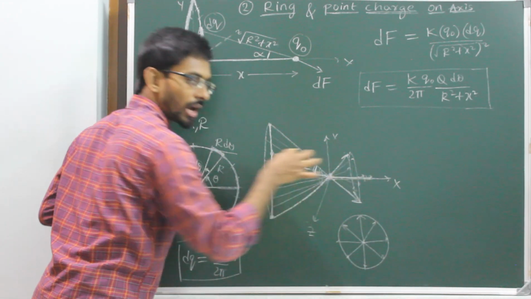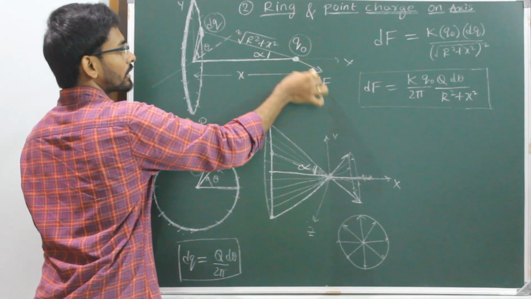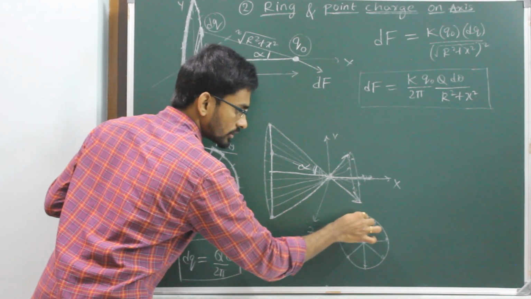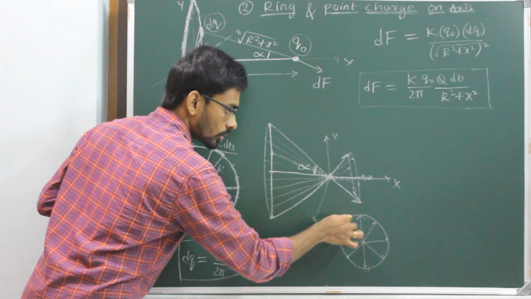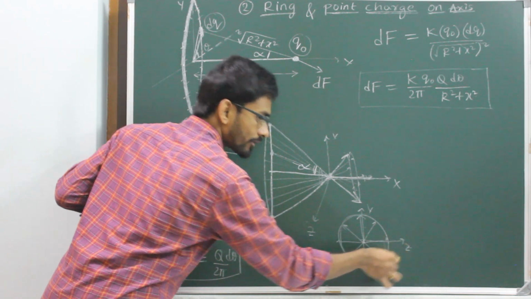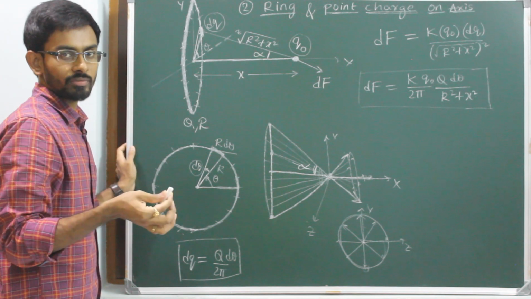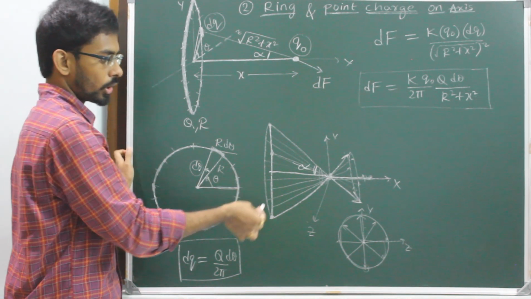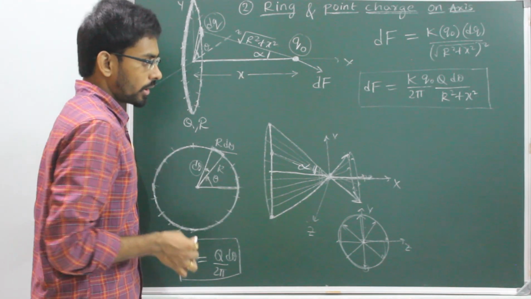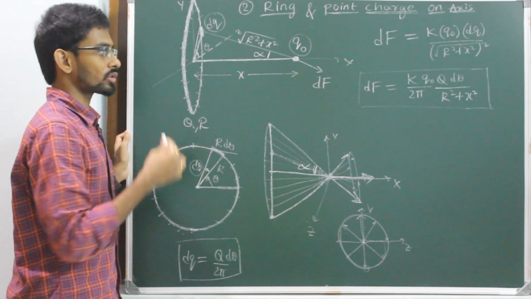In each and every direction you have components and all are equal, because the distance is the same, so the magnitude of dF will be the same for all the elements. Now these components cancel, so in the y direction and z direction the net force will become 0. So we need not add in the y and z directions, because graphically we can say the net force acting there is 0. The problem is the x direction, so we have to calculate in the x direction. So let us take x components.